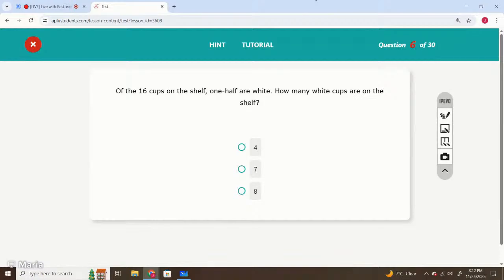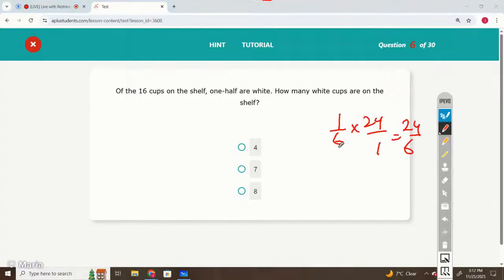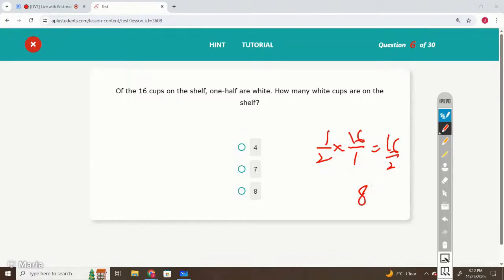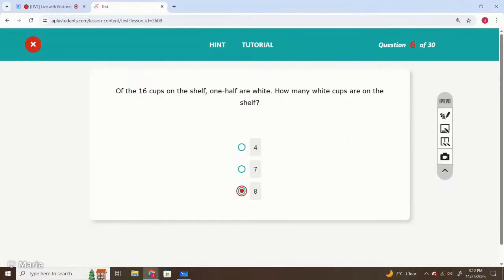That is half of 16. You have to calculate half of 16. So that is 1 by 2 times 16. 16 times 1 is 16 and 2 times 1 is 2. So that is 8. Option number 3 is the correct option. 8 it is.